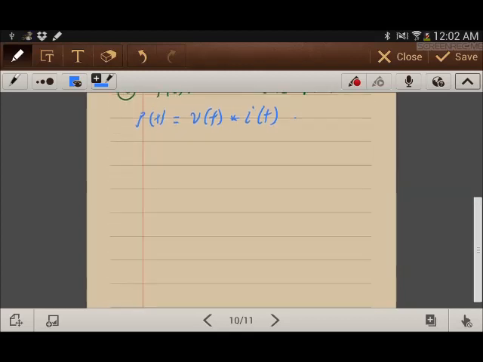There are two ways to solve this: numerically, or you can draw the voltage and current waveforms and then multiply them according to the graph.